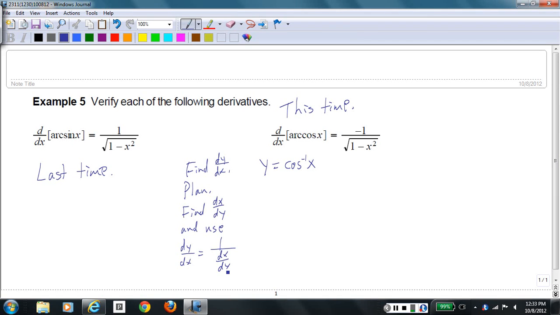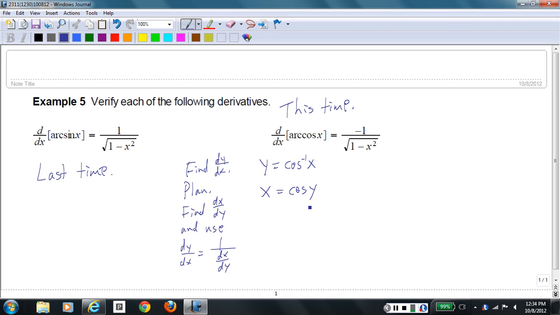That's the plan, and it worked pretty well last time. We're going to try it again this time. So if y equals inverse cosine of x, we observe that x equals the cosine of y, at least the restricted cosine of y. And then it's very easy to find dx dy.